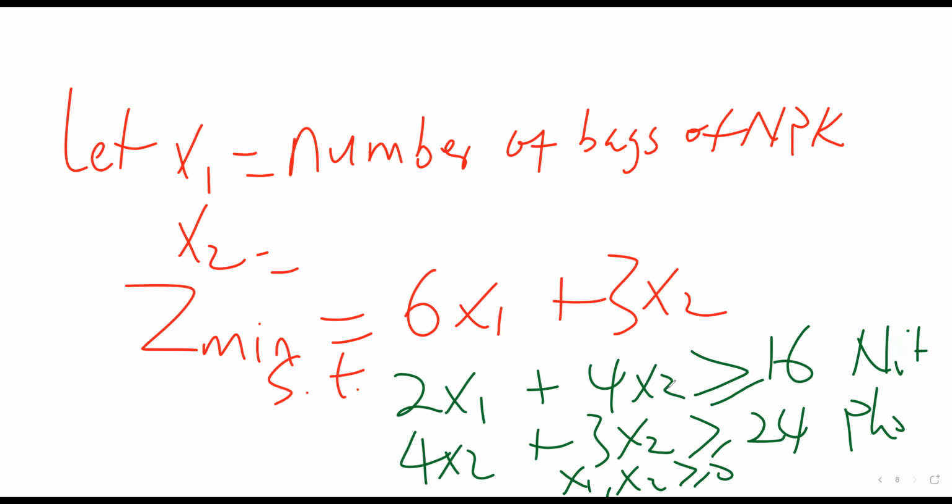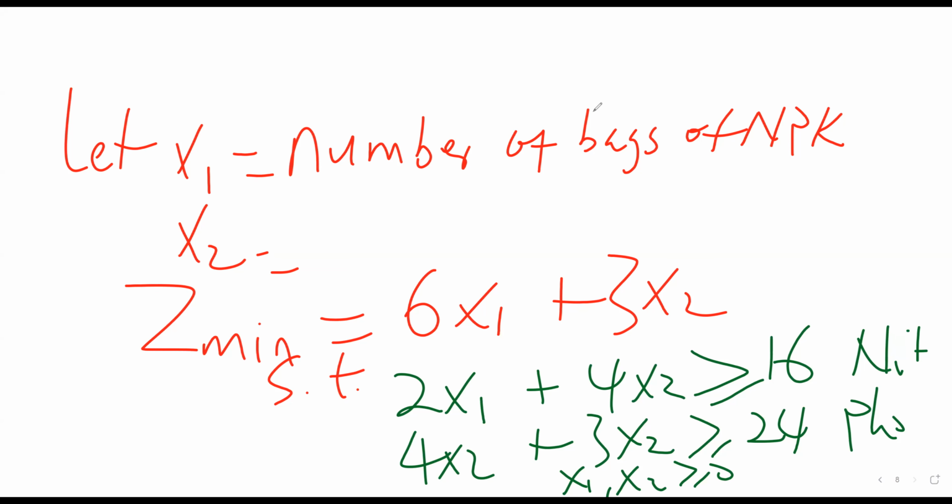We don't know the exact amount yet until we know how many of the NPK and how many of the urea we actually generated. But once you know the x1 and the x2, then you can know that, and you know that it's supposed to be more than 16.